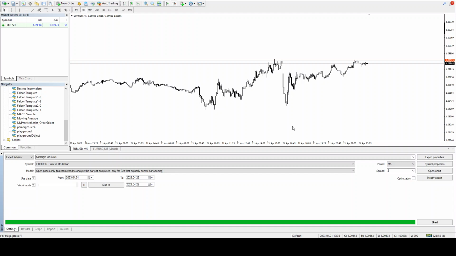So what I've done is I've created the EA and automated the backtest input. What the EA basically does is it is going to open a short when there is a sell signal from the indicator.